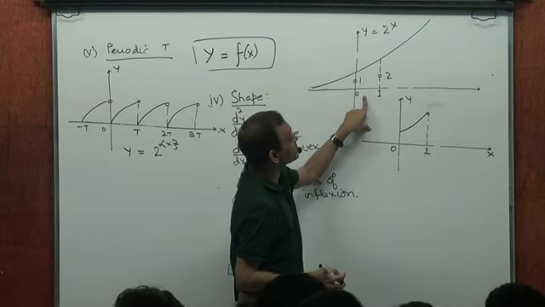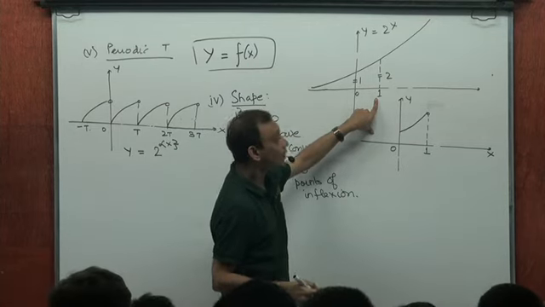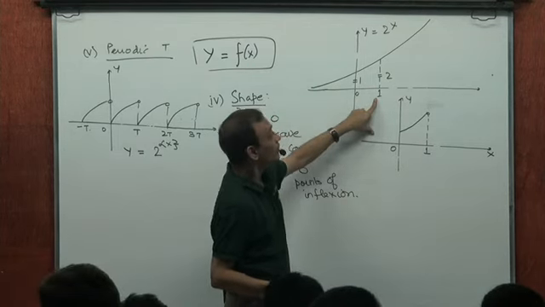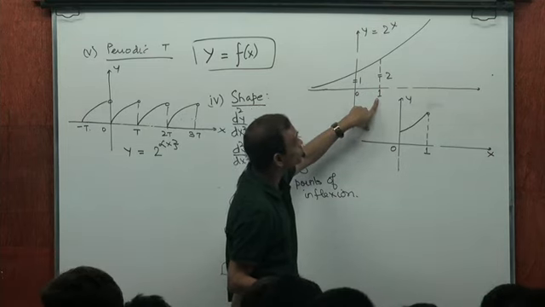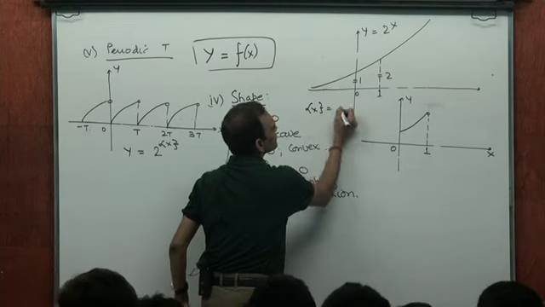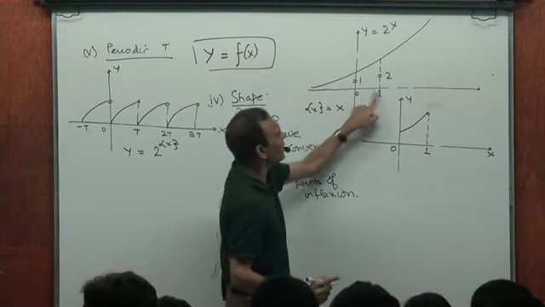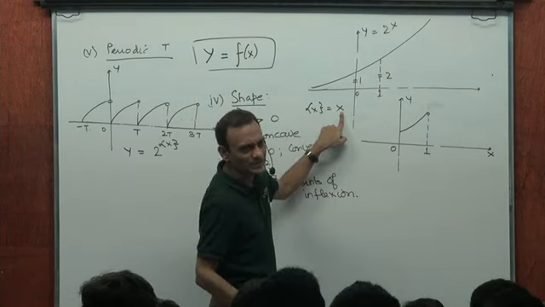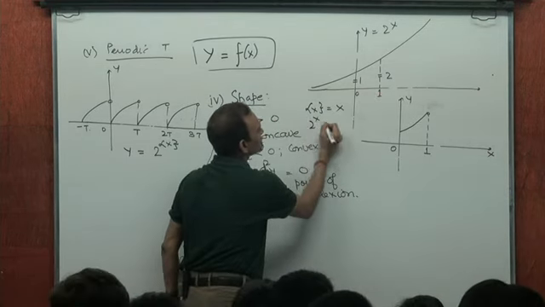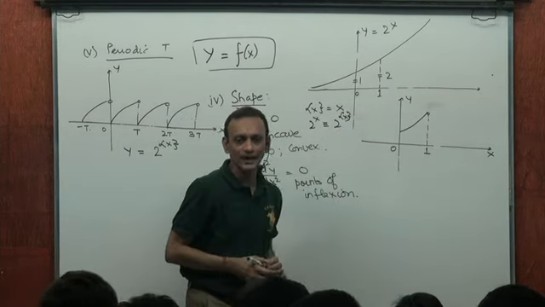To the inclusion of 0 but to the exclusion of 1, right? Now when x lies in the interval 0 to 1, the fractional part of x will be the same as x. So the graph of 2 to the power x will be the same as 2 to the power fractional part of x in the interval 0 to 1.